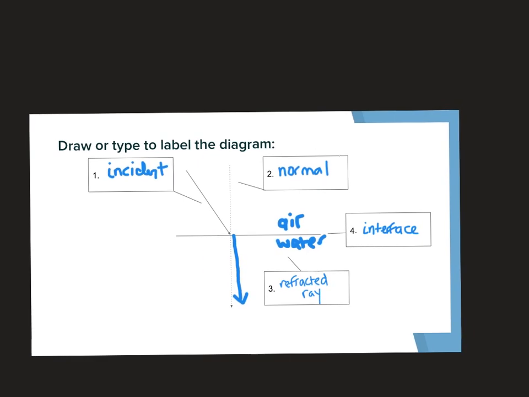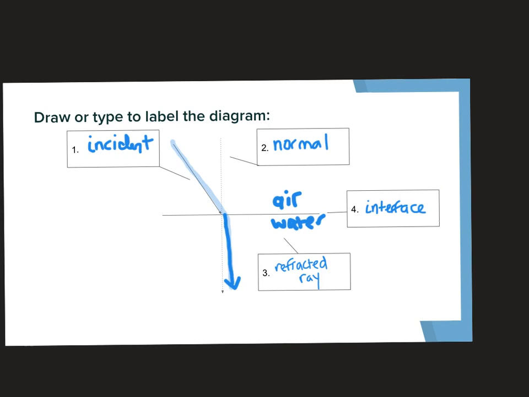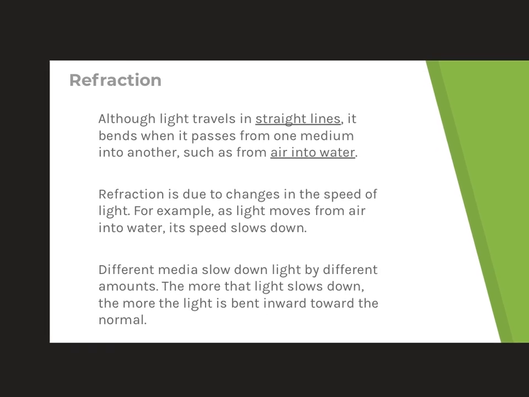So in a nutshell, my incident ray is right here. When it hits that interface, it slows down and bends inwards, and that bent line is called the refracted ray. It's going to bend towards the normal if it slows down and away from the normal if it speeds up. Even though we know light travels in straight lines, it bends when it goes from one medium to another.